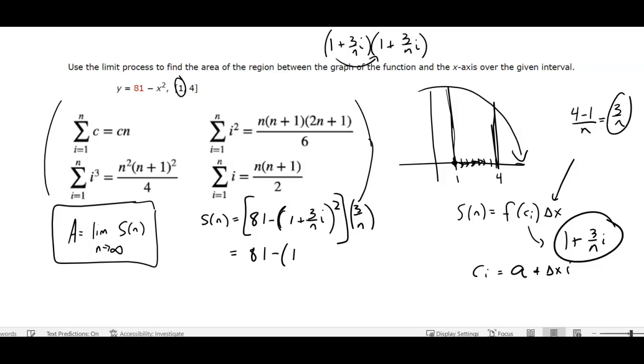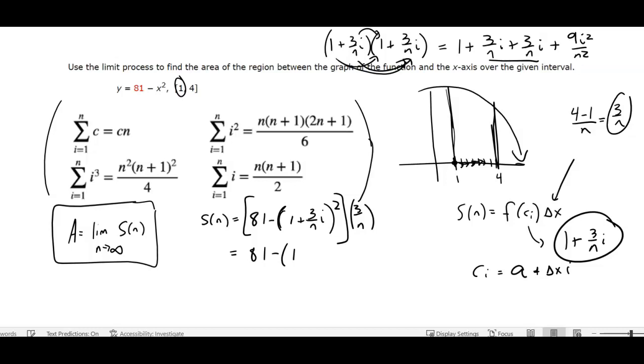1. And then you're going to get 2 of these terms from the O and the I in FOIL. That's 3i over n and another one of those. Well, if you FOIL this out, it's 1. And then you get 3i over n, and then you get another one of those. And then when you square it, everything gets squared, 9i squared over n squared.